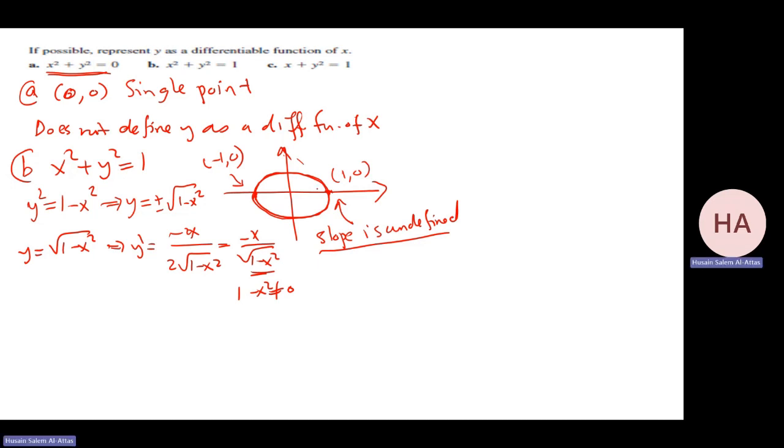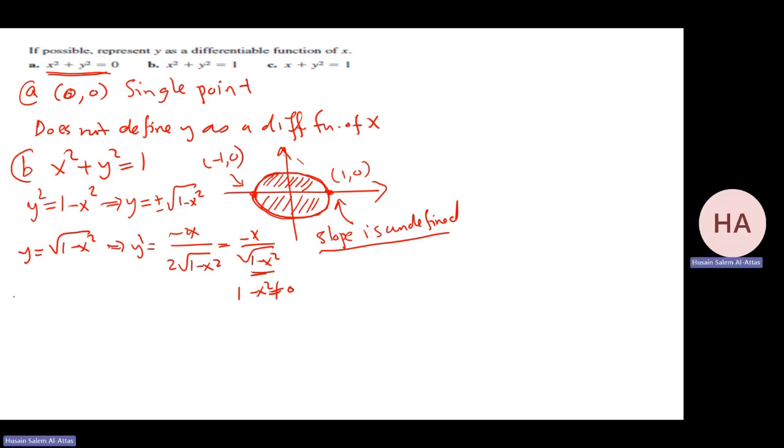So the slope is undefined here. To make it differentiable, I should take a period where there is no stop. I mean, I cannot just jump over this one point. So either I will take the upper side or the lower side. I cannot take both.